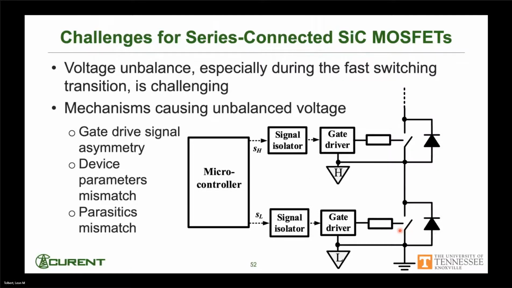I think there's less parameter mismatch as they get more mature, but there could still be some. And then general parasitics in your circuit: if they're not all the same, if your traces are not the same length and width, that could lead to mismatch.